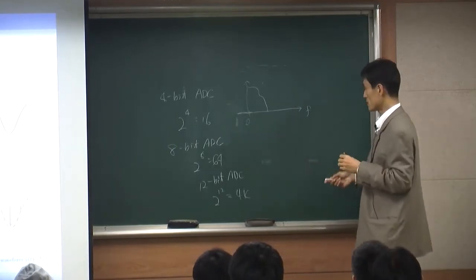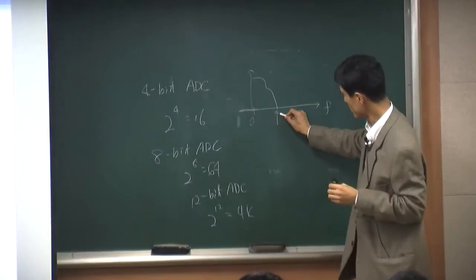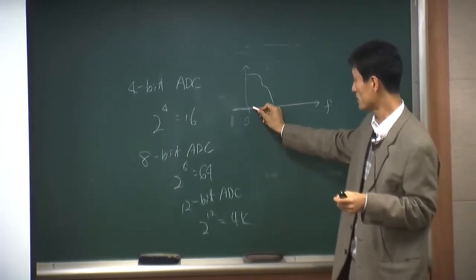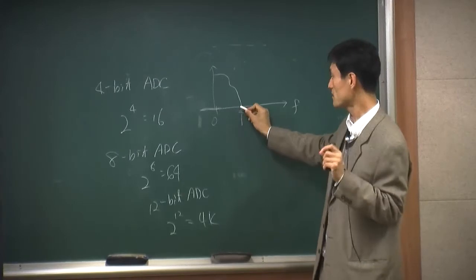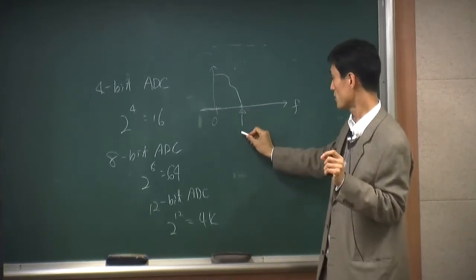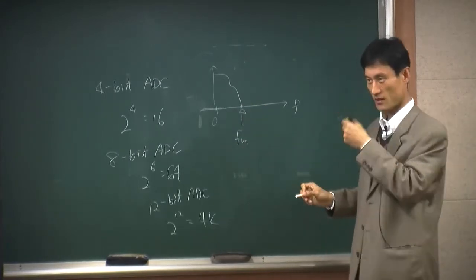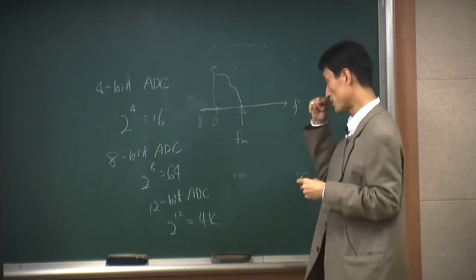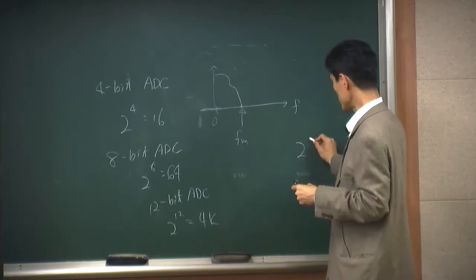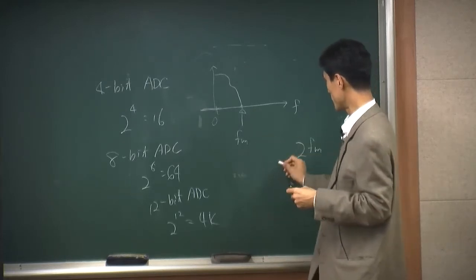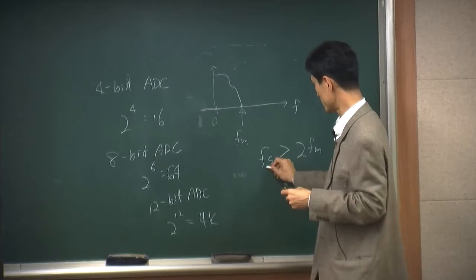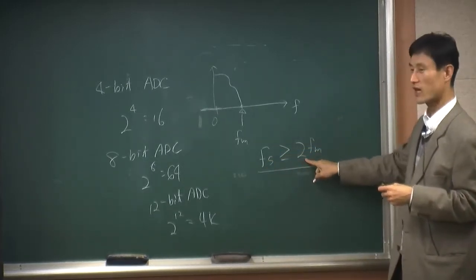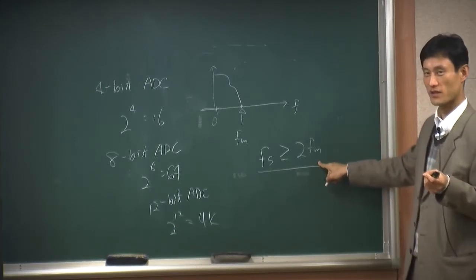What you need to do is look at the maximum frequency in your signal. Your signal has many different frequencies, but look at the maximum one. Let's call that FM. Then you need to choose a sampling frequency of at least 2 times your maximum frequency. So your sampling frequency should be higher than or equal to 2 FM. That's the Nyquist sampling theorem.